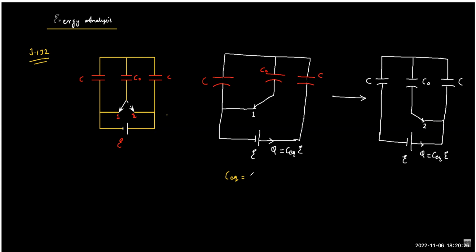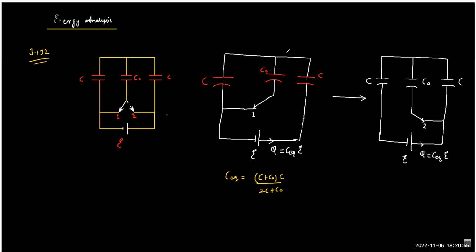Yes, 2C C naught plus C square, whole divided by 2C plus C naught. So I can see it is C plus C naught into C upon 2C plus C naught. Do you all see the same? These two are in parallel and this is in series.